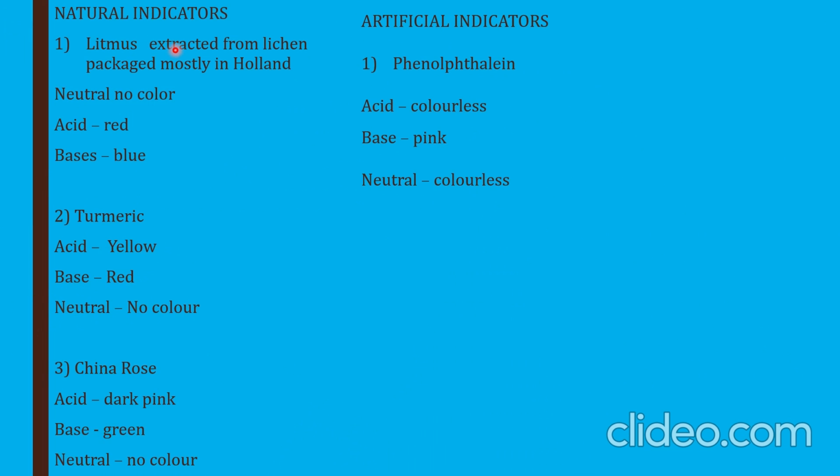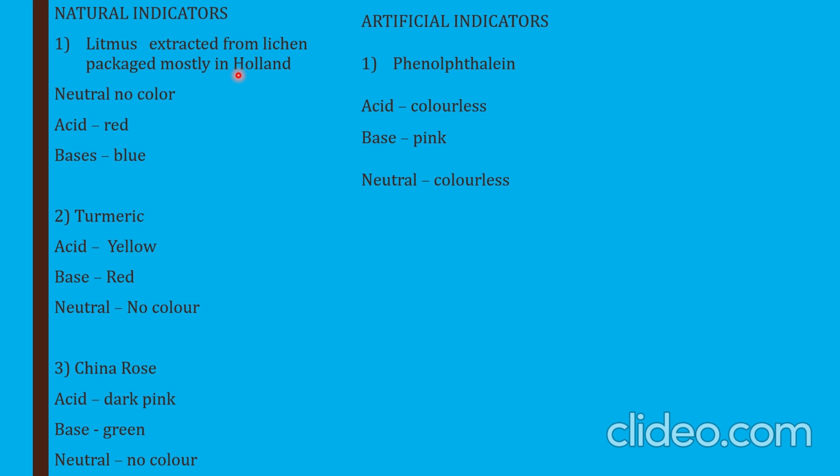Now let's deal with visual indicators in a very interesting way. Visual indicators are natural or artificial; as you all know, natural indicators are those which nature gives us, and artificial are those which we make. It's very simple. So from the examples, let's see what we have. First is litmus.